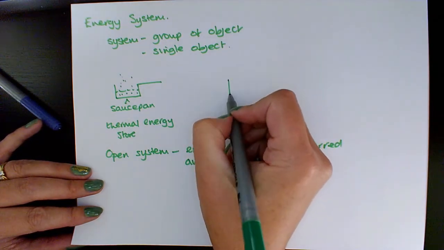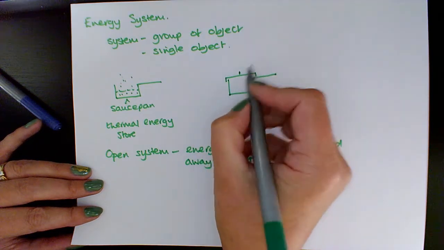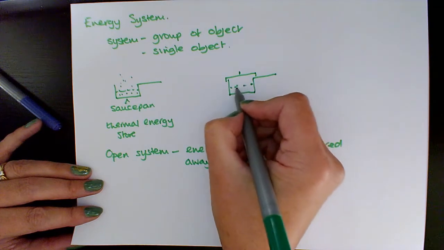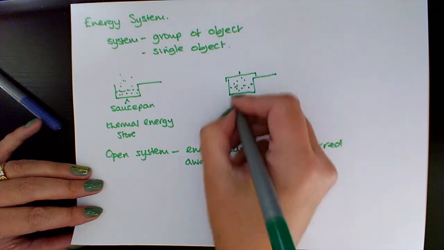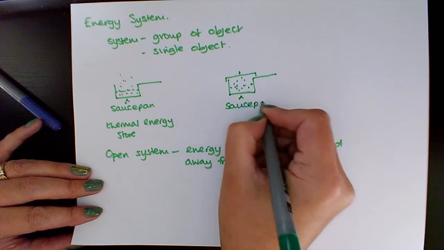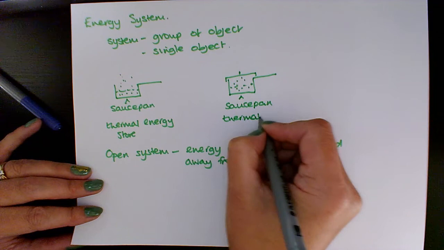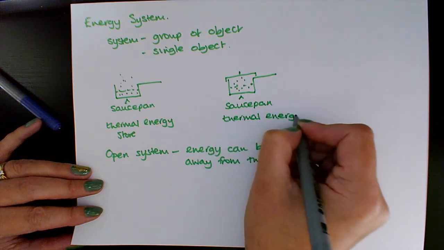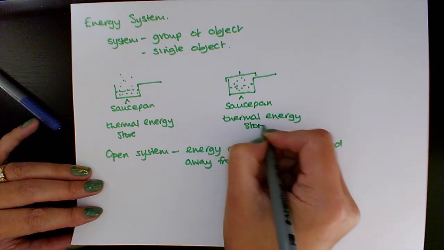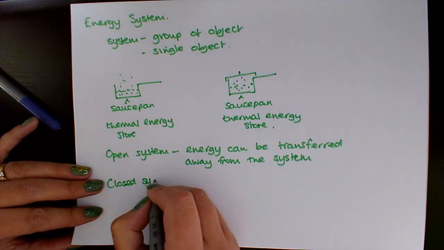If, however, we had a second saucepan, but this time it's got a lid on it, there's my water again, it's all bubbling away, there's the flame underneath. This would be an example of a closed energy system because my energy remains in the saucepan.